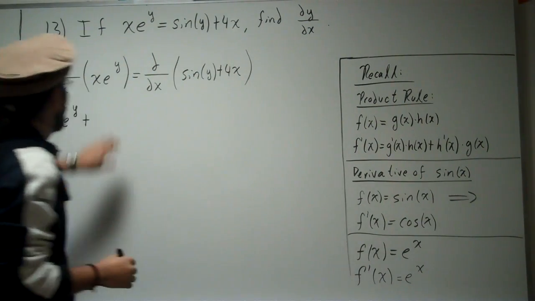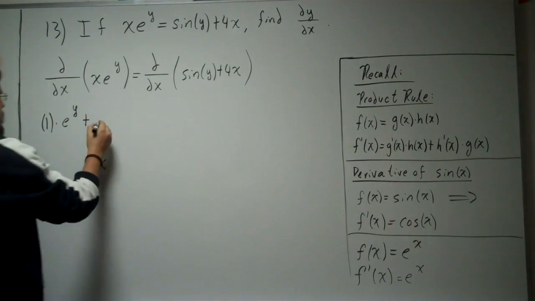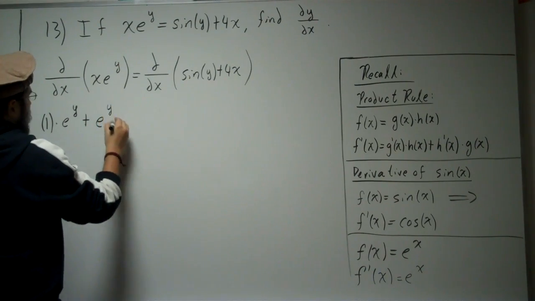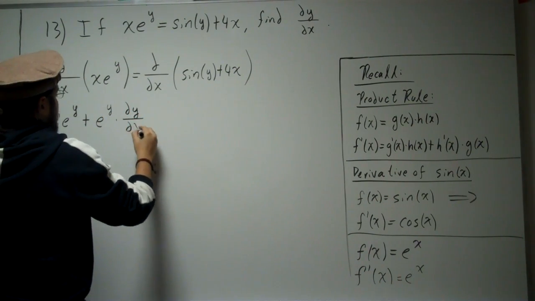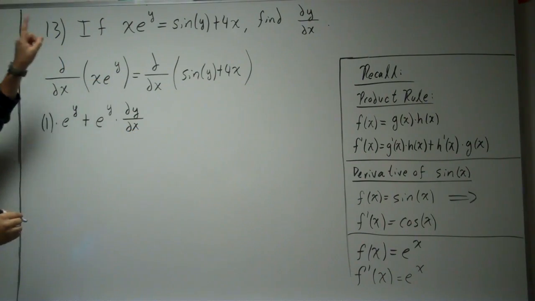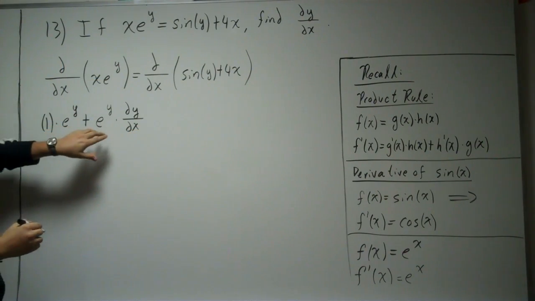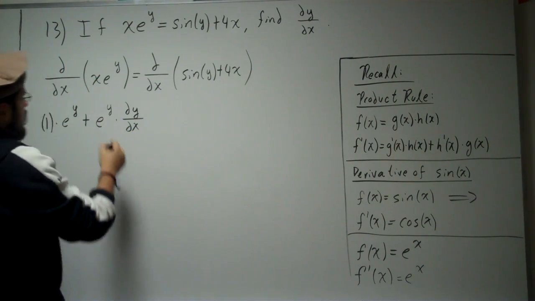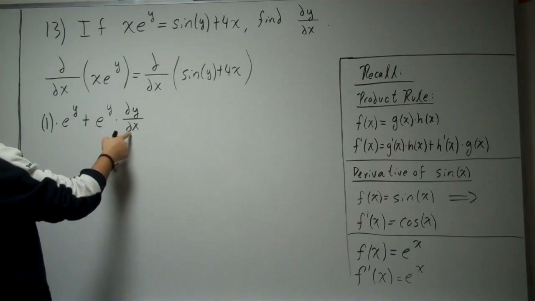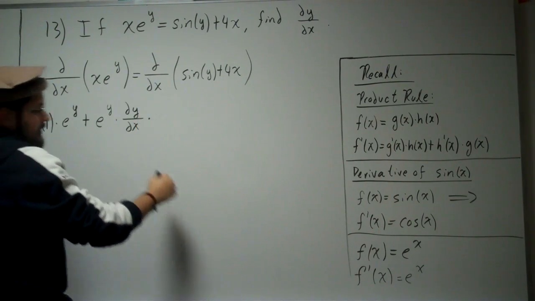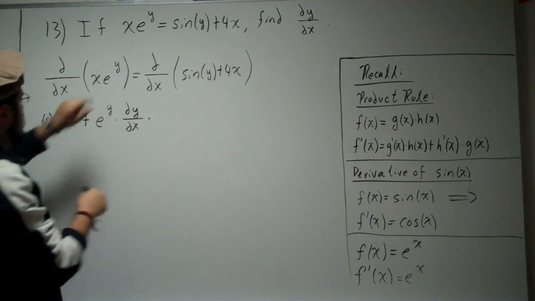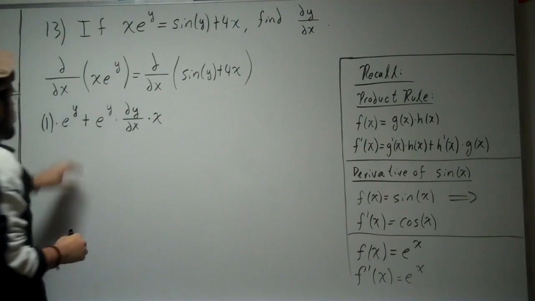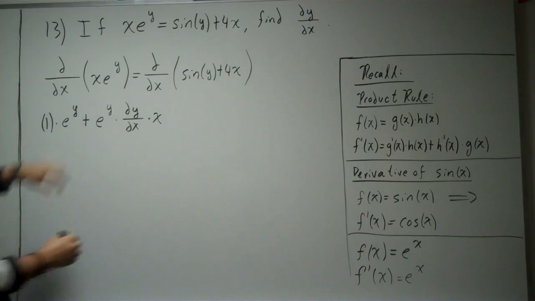So the derivative of e to the y is just e to the y. However, we must multiply that by dy/dx, because y is a function with respect to x. So e to the y times dy/dx times x. That's the derivative for this side.